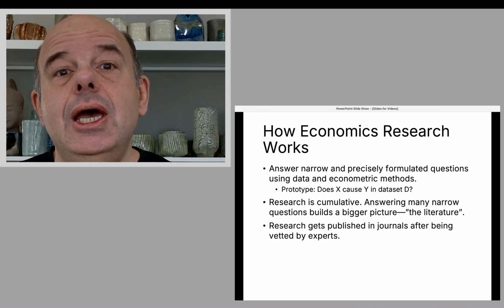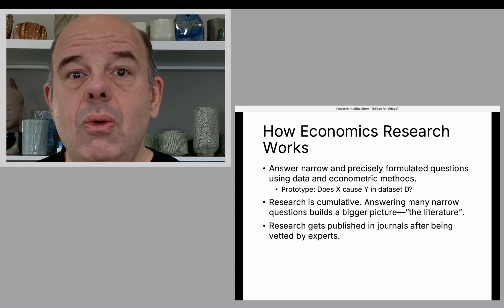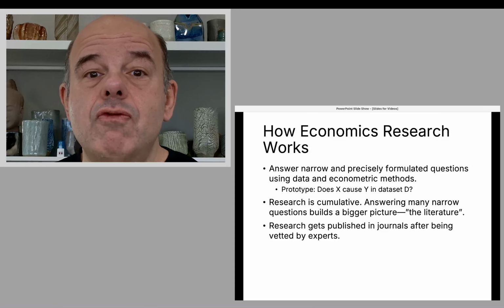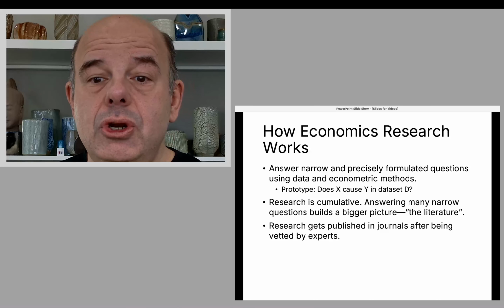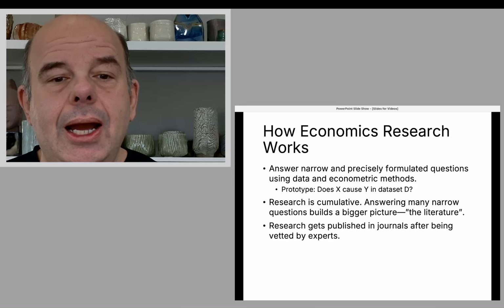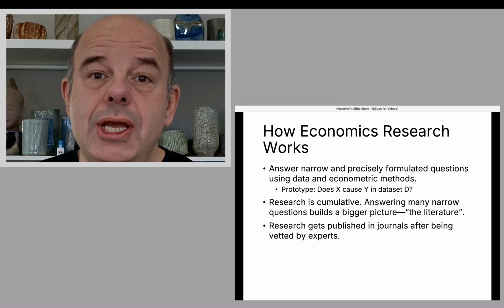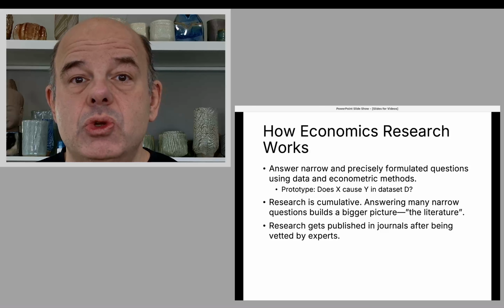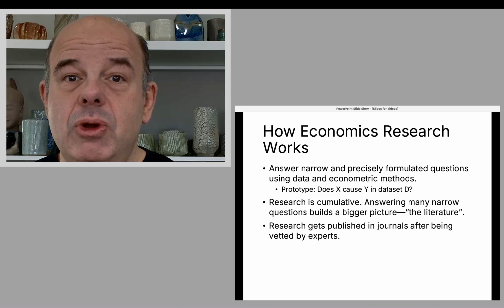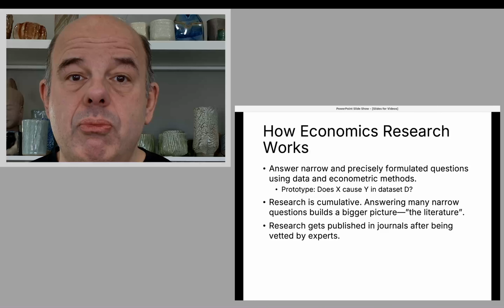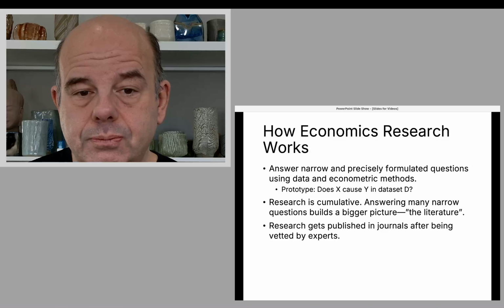Publishing things is how research gets that gold star of approval as being true, or at least as close to true as we can get it. This process of vetting, of having other experts read your work and decide whether it's good enough to go into that storehouse of knowledge, really shapes how we approach doing our research.